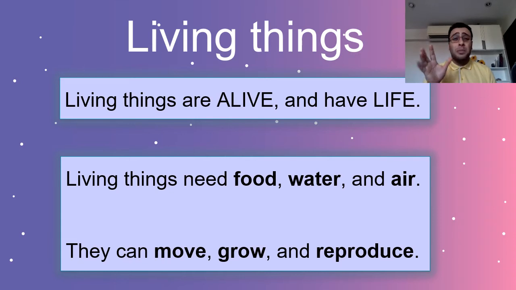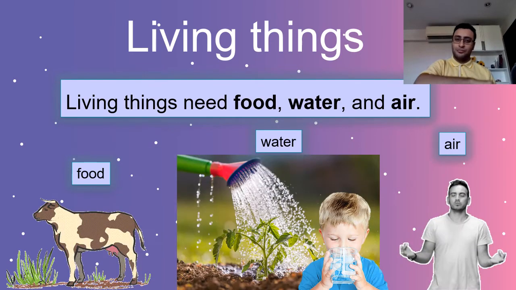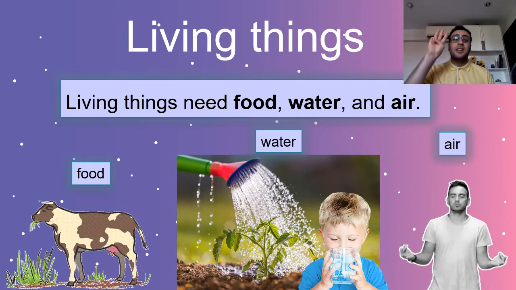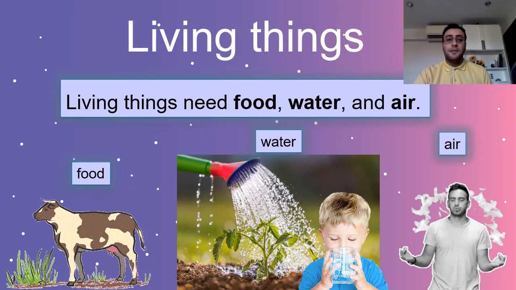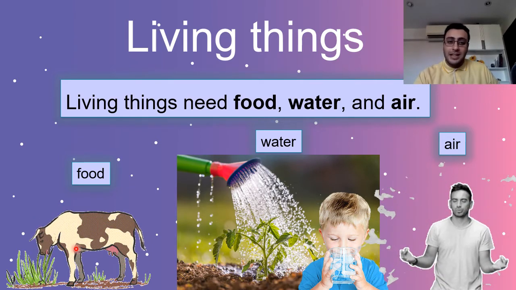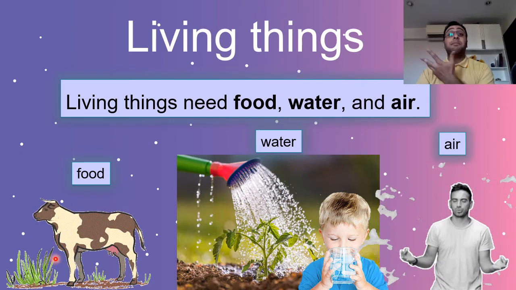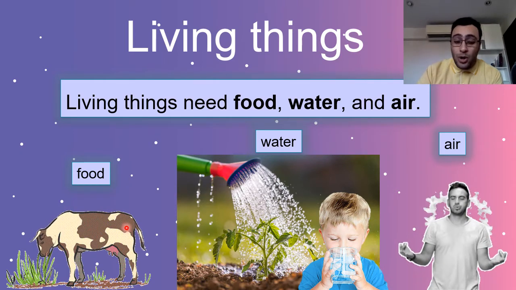Now, if you're a bit confused, it's okay. Teacher Jonas is here to save you. So, as you remember, living things need three things. They need food, like this cow, nom nom nom, like me, like you, like plants, flowers.